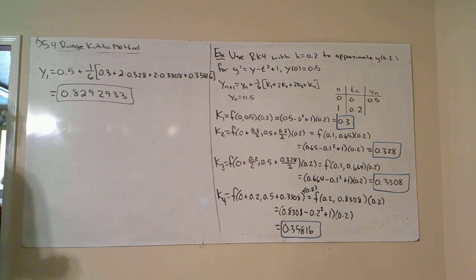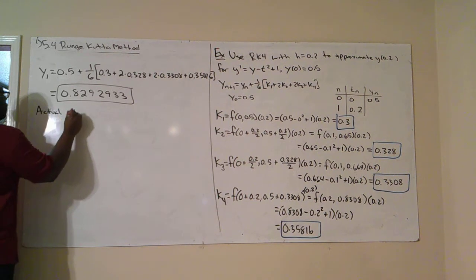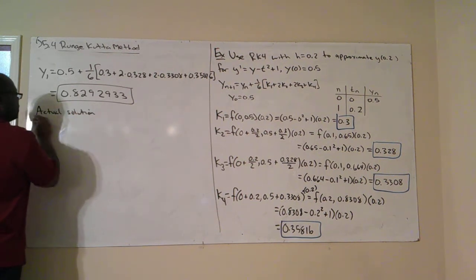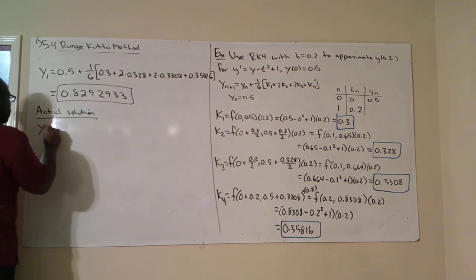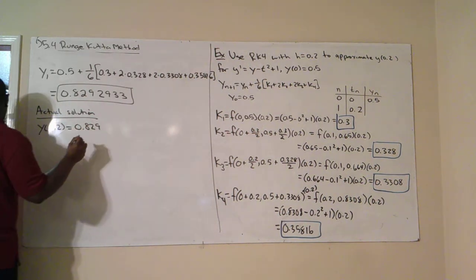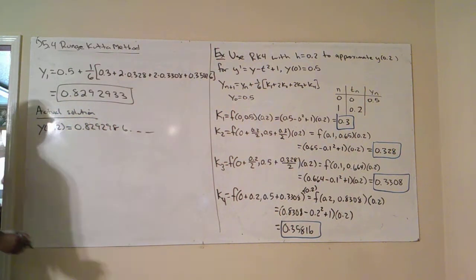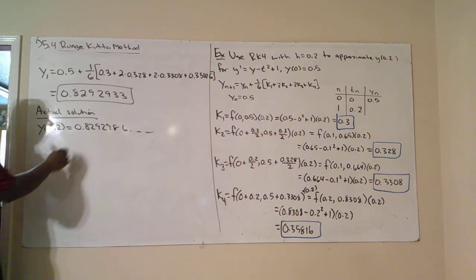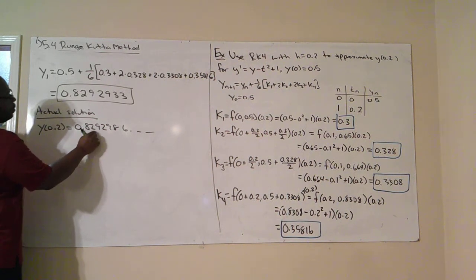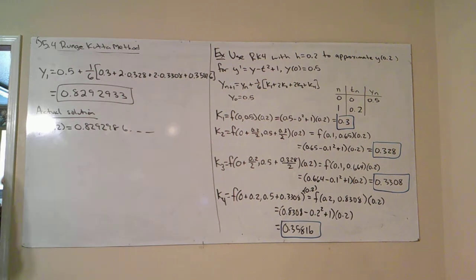The actual solution, I think we said this last time, at y of 0.2 is 0.8292986. So we actually got up to the first 5 digits correct in our approximation using one iteration.